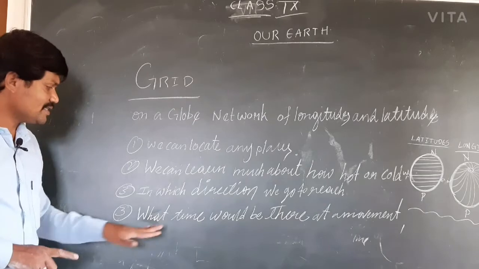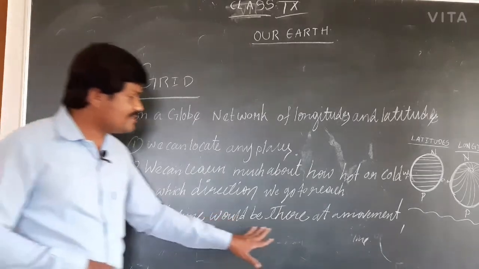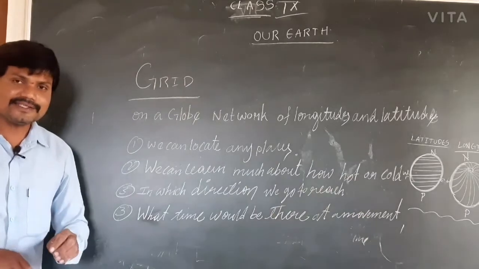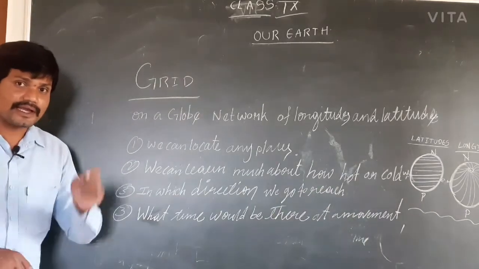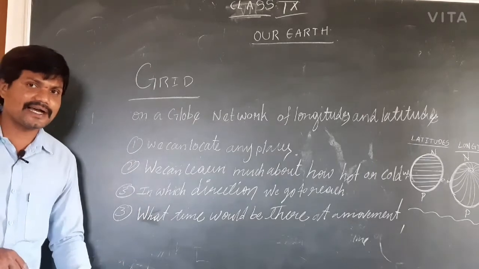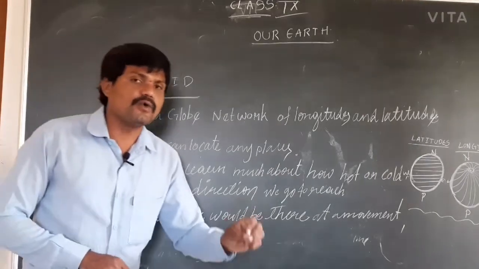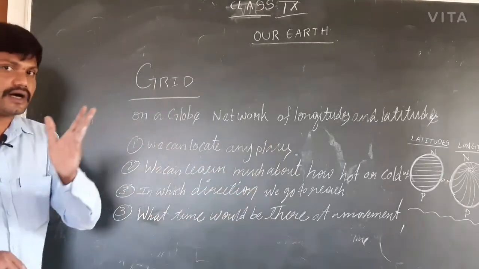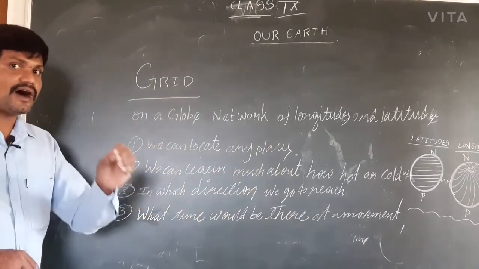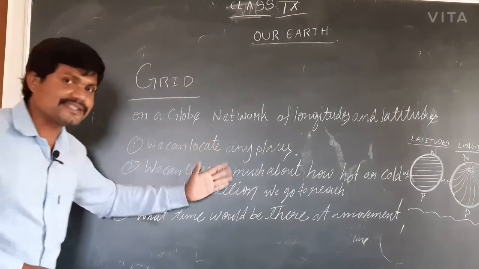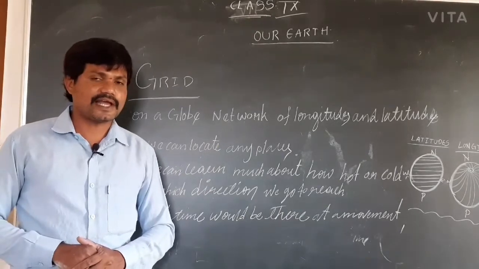Next one is, what time it would be at a given moment. That means we can find different timings in the world by the grid system. These are all uses of the grid system.